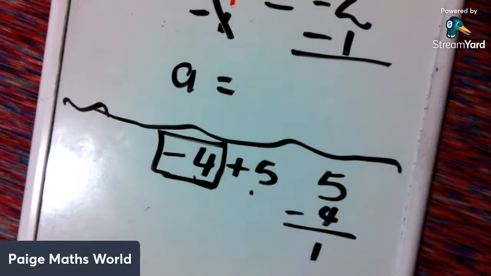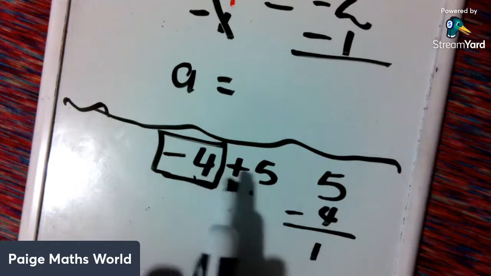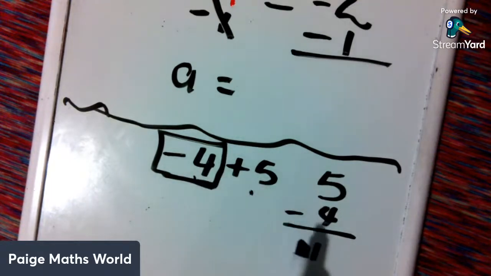Is it a little bit simpler for you guys? Understand that part of it? So you owe 4, you have 5. And so it's going to be 5 take away 4 is equal to 1.